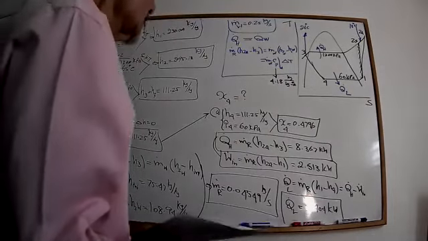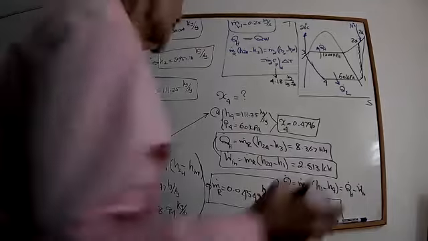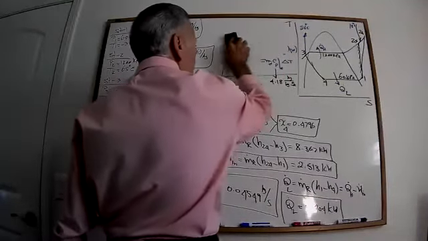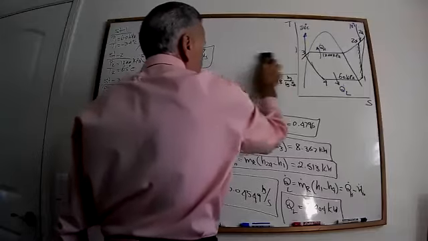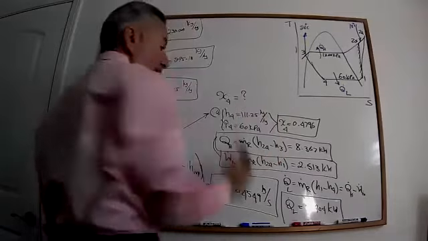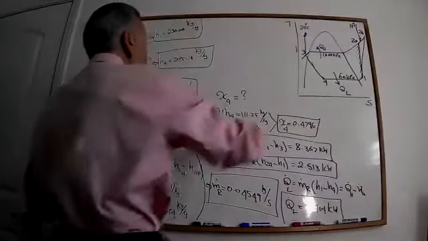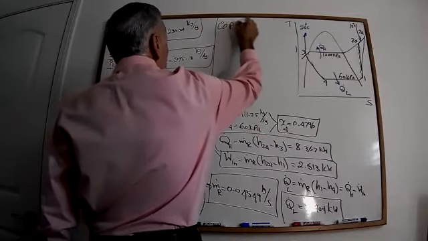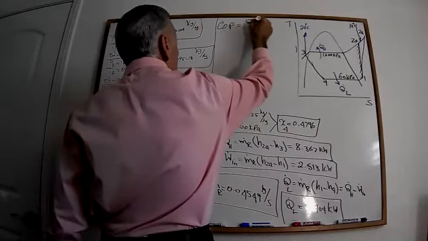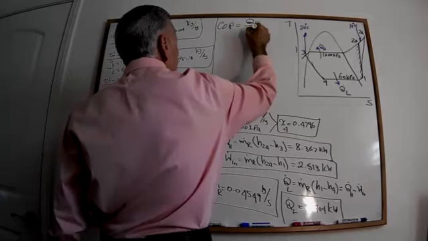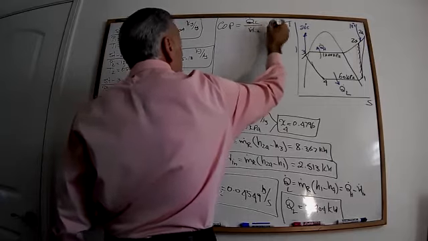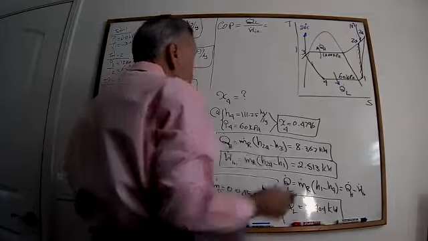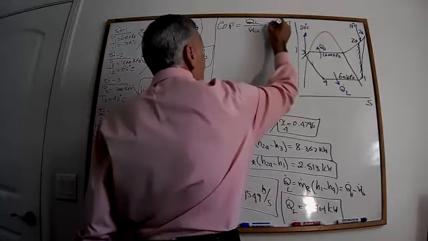So the last part is finding the COP. So the COP is equal to QL divided by work in, and in this case, we have the COP of 2.15.